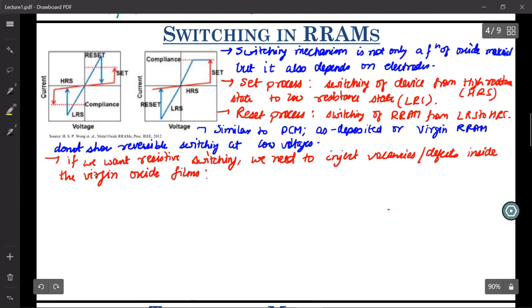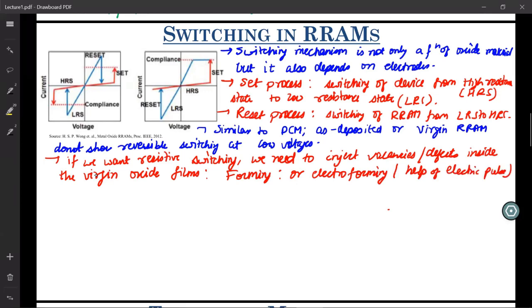And that process of injecting vacancies or defects is typically what is known as forming. So unless an RRAM device is formed, it cannot be used for resistive switching. I mean, it won't switch, and it cannot show reversible resistive switching. So this process is called forming, or some people also call it electroforming. Why electroforming? Because it is formed with the help of electric pulses.